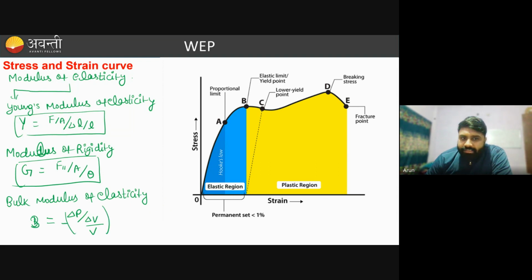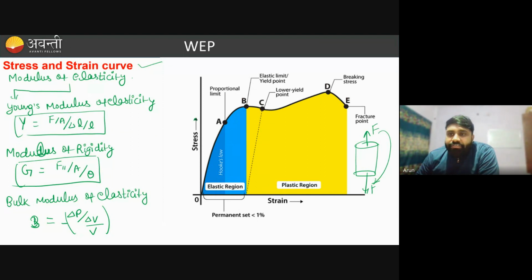Always remember that. Okay. Now, if I talk about the stress and strain curve, on the first axis we have taken stress, and on the second axis we have taken strain. We have considered a particular material, okay, and we are applying a force, let's say this is a rod, and because of this stress, there will be a development of strain.